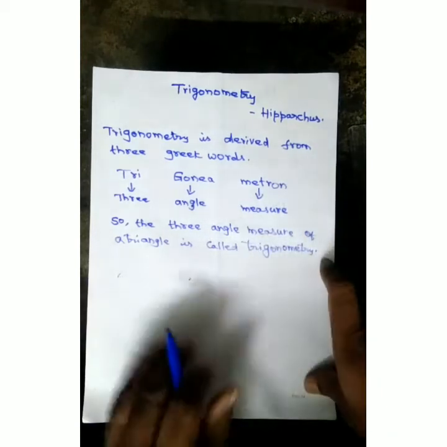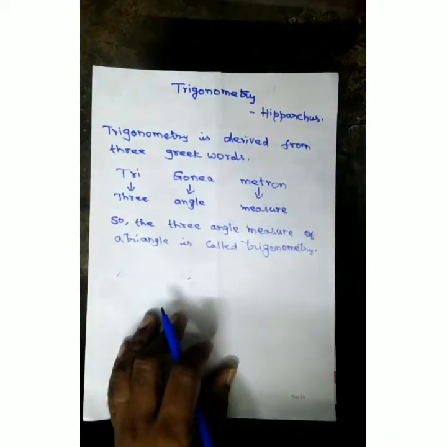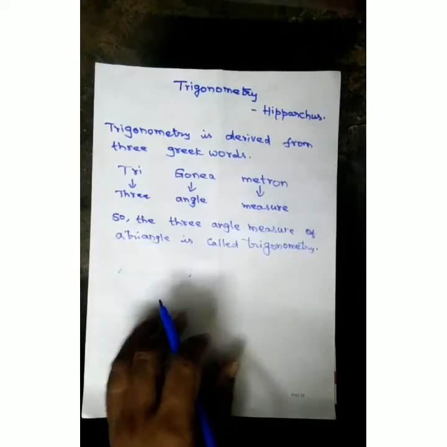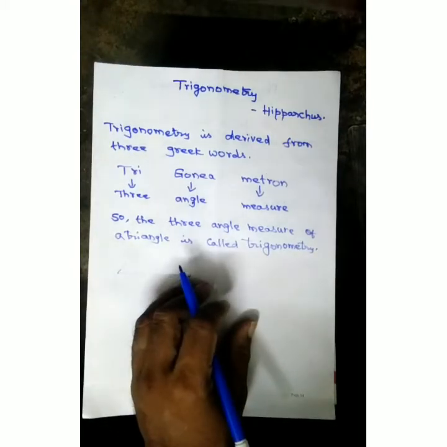Trigonometry deals with the relation between sides and angles of a triangle. Generally, trigonometry mainly deals with right angle triangles. It explains the relation between sides and angles of a triangle. It is useful in engineering.